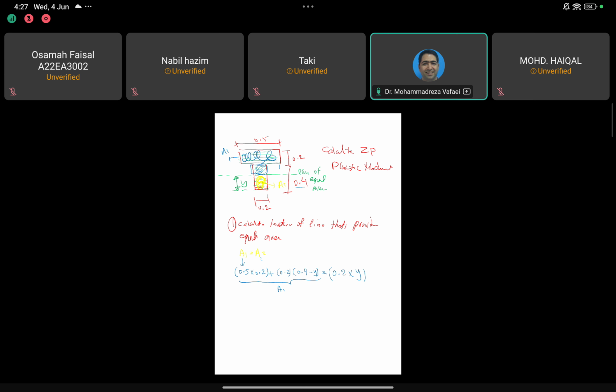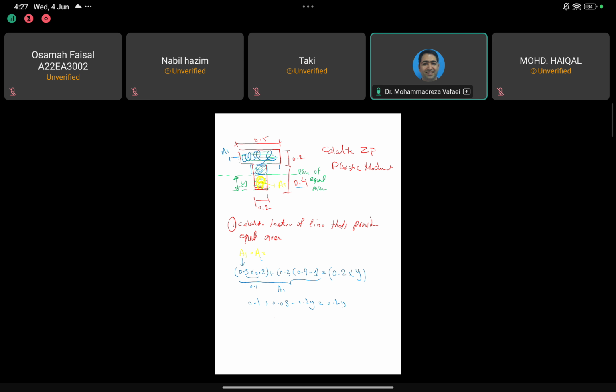Let me calculate it for you. This way we can have a correct value. So 0.5 multiplied by 0.2 is going to be 0.1. And if you multiply these two to each other, you have 0.2 multiplied by 0.4, 0.08. So you have 0.1 plus 0.08 minus 0.2y equals 0.2y.